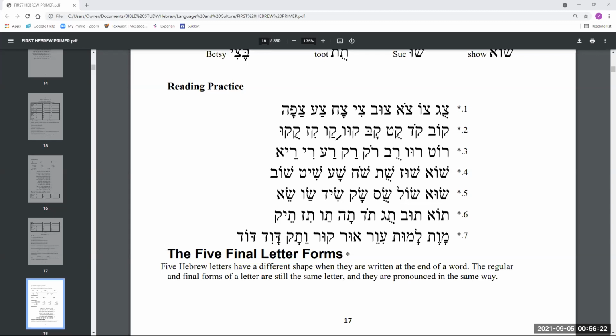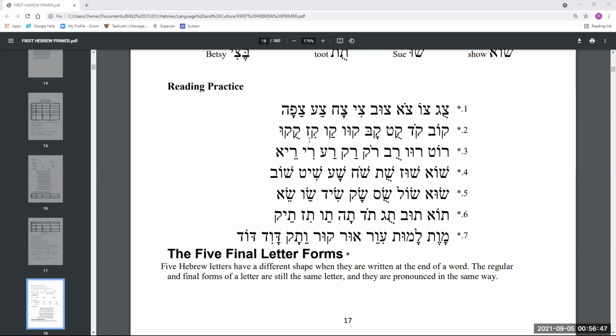We have there a kuf and a patak, and that is also a vav or a wa, but it's silent. So that would be a ka. Good job.